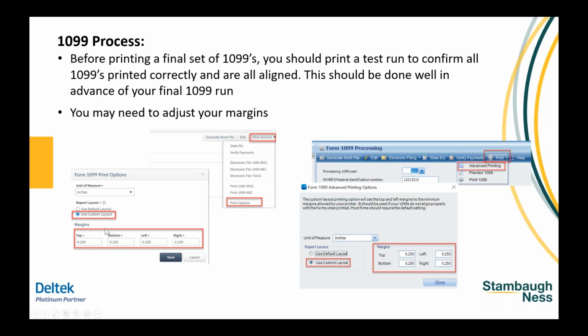So you go to your print options, and you can adjust your top, bottom, left, right margins. If you use the default layout, you don't have the option to change your margins. You just use custom layout in either Vantagepoint or Vision, and you can adjust left, right, top, bottom.